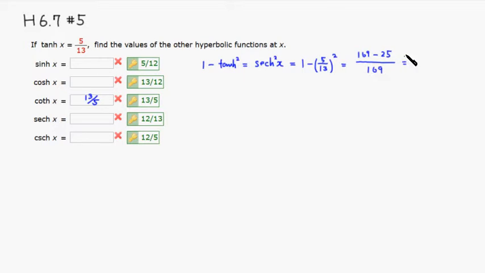So that would be 144 over 169. That's hyperbolic secant squared.